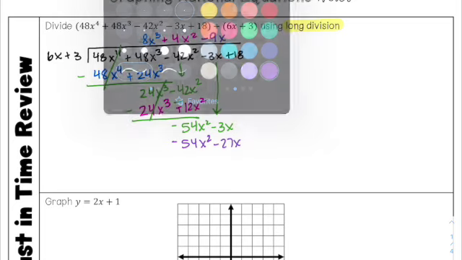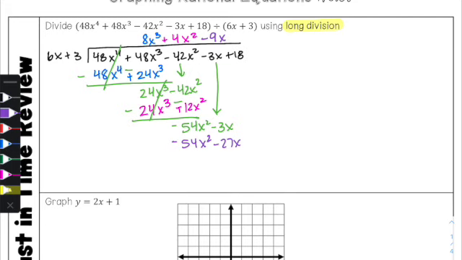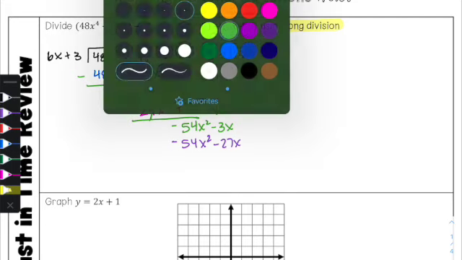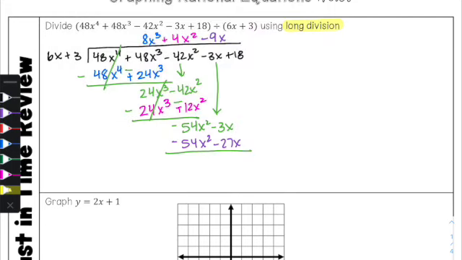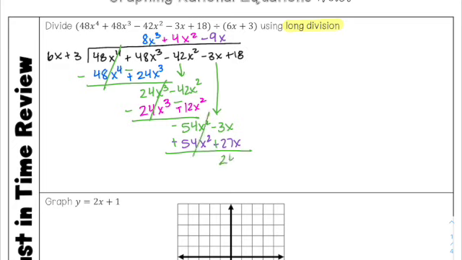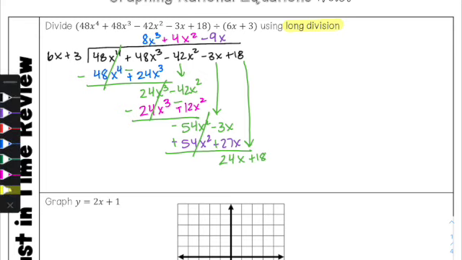So from here, I am going to subtract. So that will make these both plus. Negative 54x squared plus 54x squared is 0. Negative 3x plus 27x is 24x. And I'm going to bring down my last term of positive 18 and do this whole process one more time.